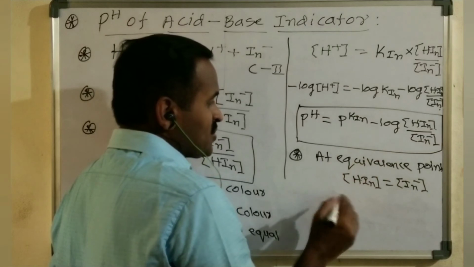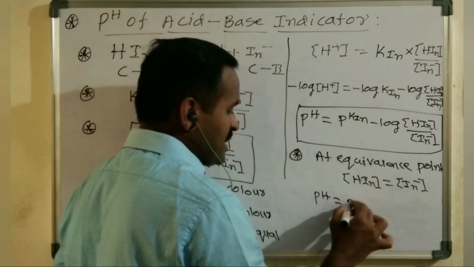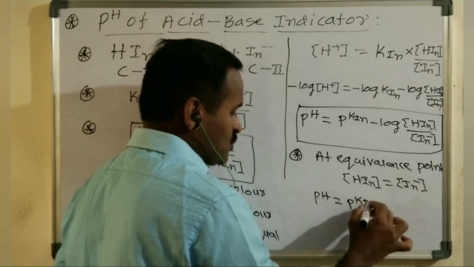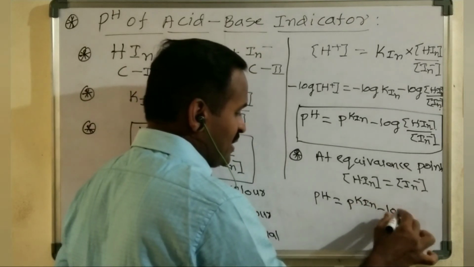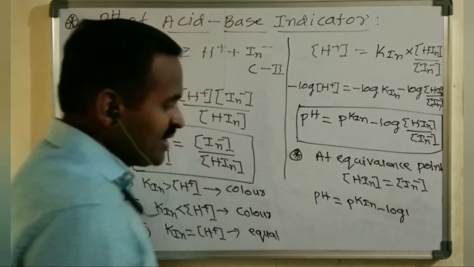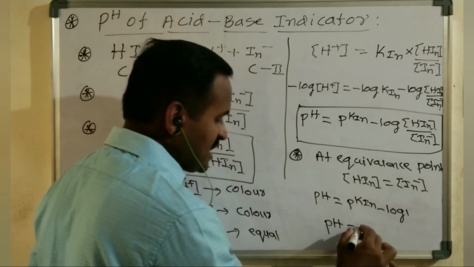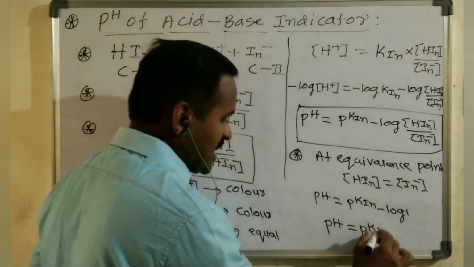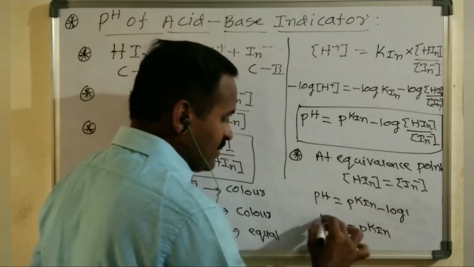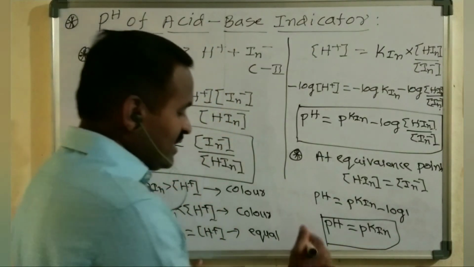So I can write simply that both are equal at the equivalence point. If you substitute here, I will get pH equals pKIn minus log of, so both will get cancelled, so you will get simply log 1, right? Log 1 is generally 0, so pH is equal to pKIn, right?